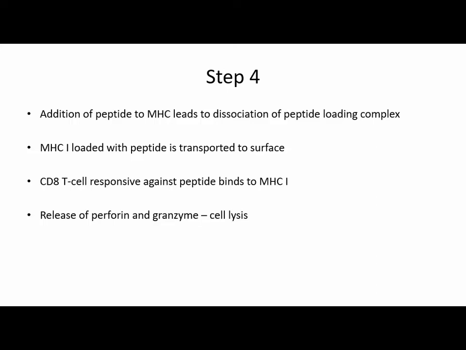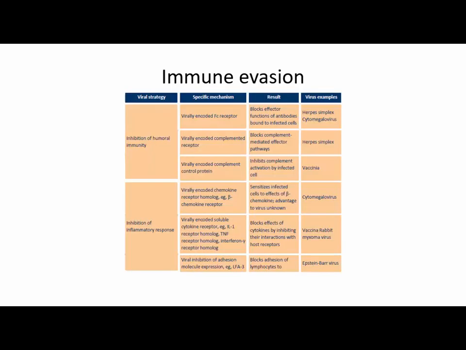And when it gets transported to the surface, at that point, the MHC1 with the epitope is exposed to the outside of the cell. And the CD8 cell that's coming past will interact with the MHC1. And subsequently, if it is the antigen that the CD8 cell is designed to bind to, it will release granzyme and perforin and kill that cell. Okay? So that's the endogenous antigen presentation pathway.